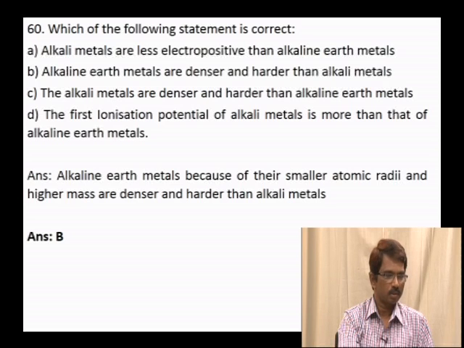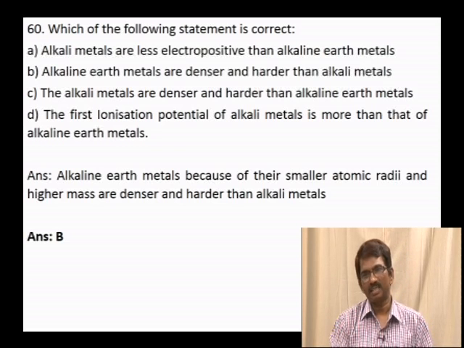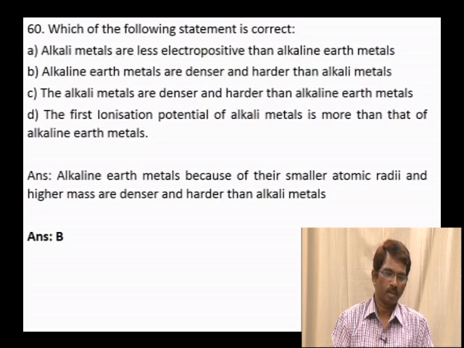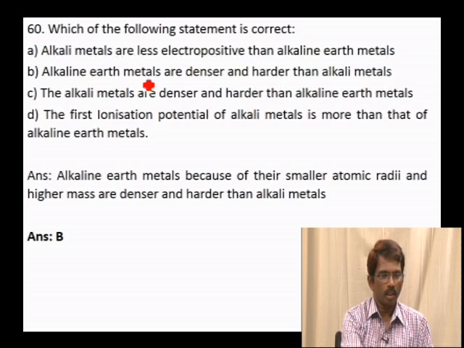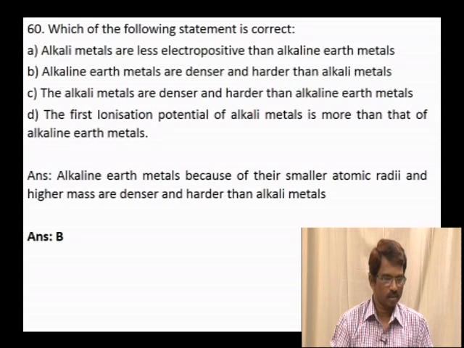Definitely this is not an acceptable statement, this is a wrong statement, because alkali metals are more electropositive than alkaline earth metals, because electropositive character decreases when you move from left to right of the periodic table, and obviously this is a wrong statement. Alkaline earth metals are denser and harder than alkali metals.